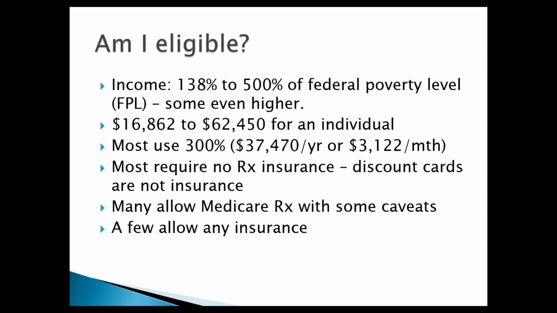That does not necessarily apply for Medicare patients, but if their income is that low, they would probably also have to have a denial letter for low-income subsidy, because these programs are going to want the patients to have applied for and be denied LIS. So that income range is like 16.8 to 62,450 for an individual. Most of them use like 300% of the federal poverty level.